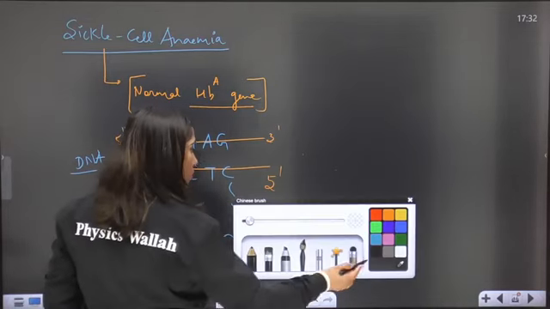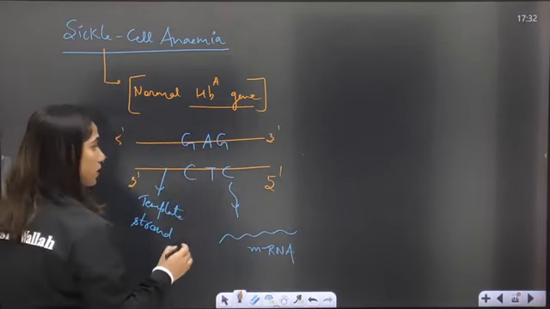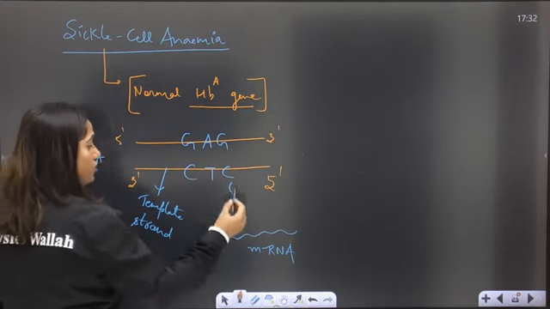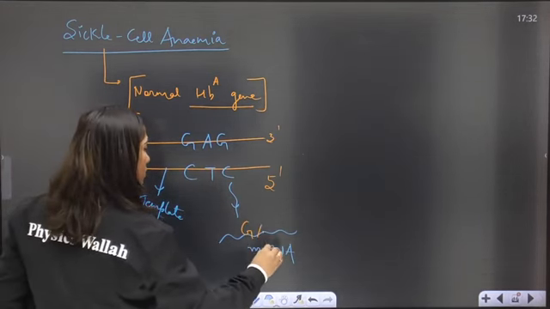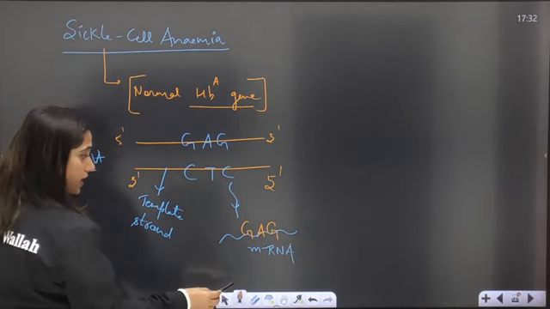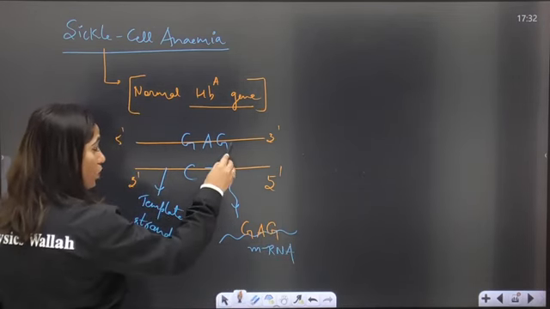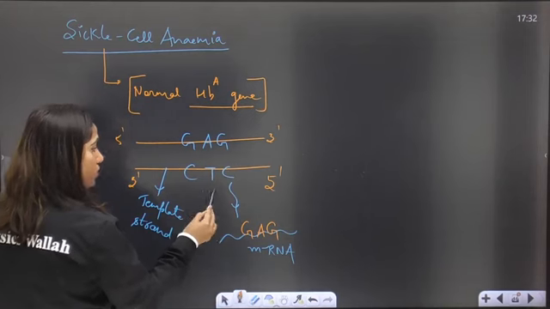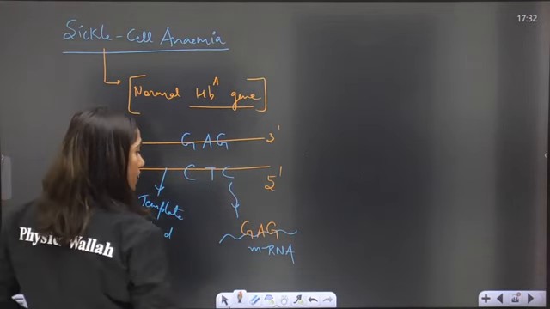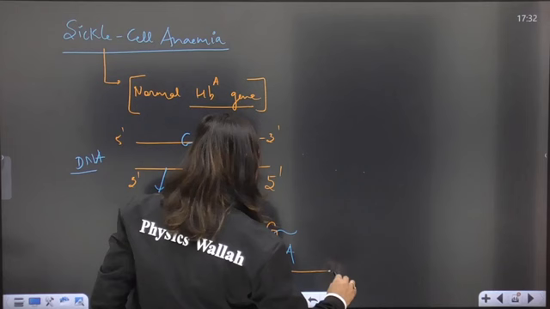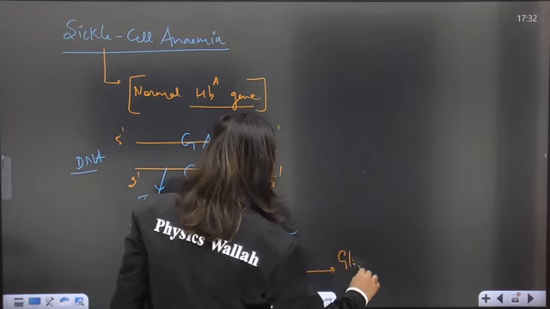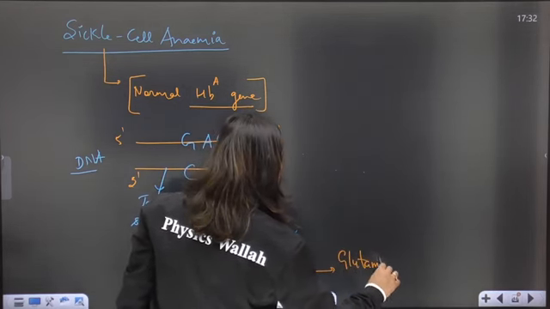This mRNA will have the codon GAG, right? The mRNA has the same sequence as the coding strand and the complementary sequence of the template strand. This GAG, when it undergoes translation, forms the amino acid glutamic acid.